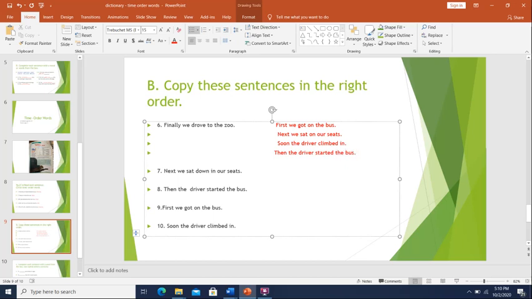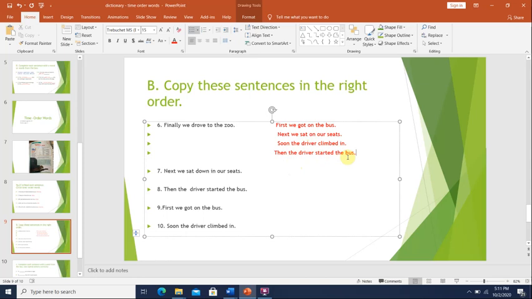Okay, so first let's see if we are arranging the sentences correctly. Let's see if it makes sense. First, we got on the bus. Yes, we get on the bus. Next, we sat on our seats. After we get in the bus, we sat on our seats. Soon, the driver climbed in. That means the driver came into the bus. Then the driver started the bus.